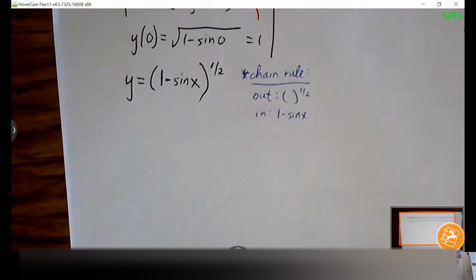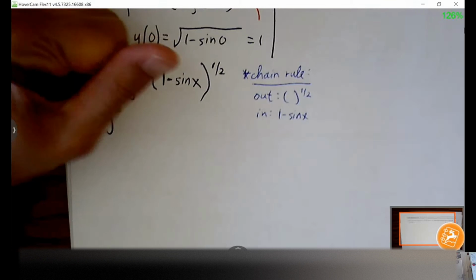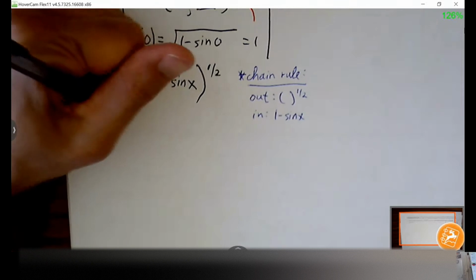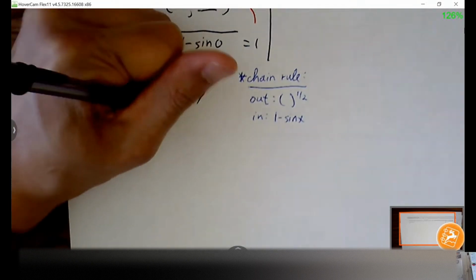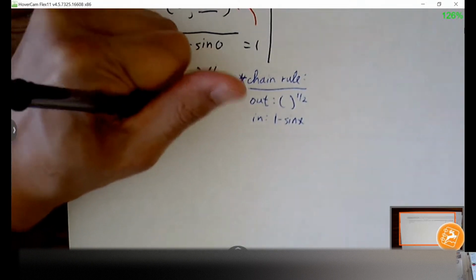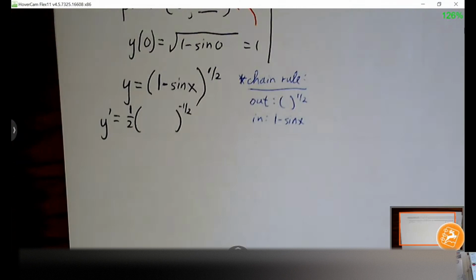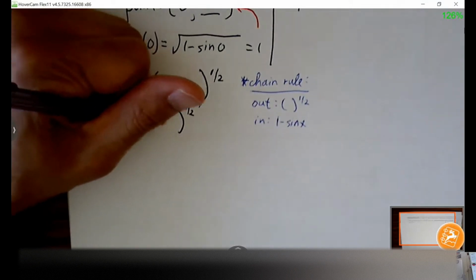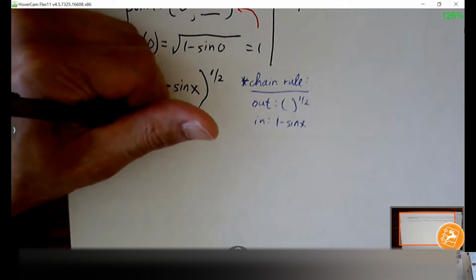All right, so chain rule, y prime. We'll take care of the outer portion first. There's a power rule going on with the parentheses. We fill in the parentheses with the original because we're not ready for that portion yet.